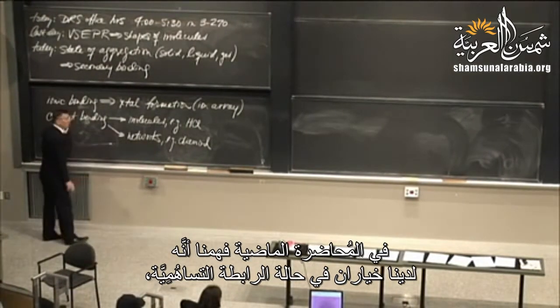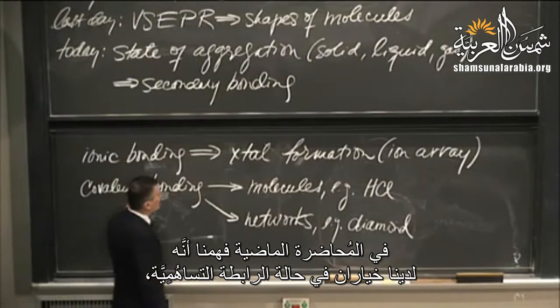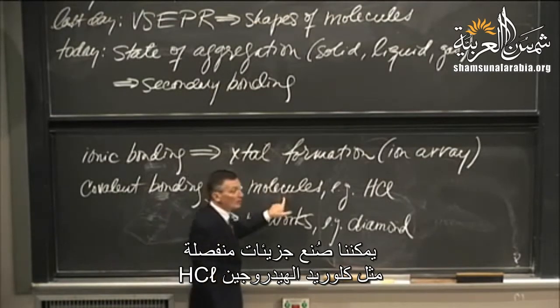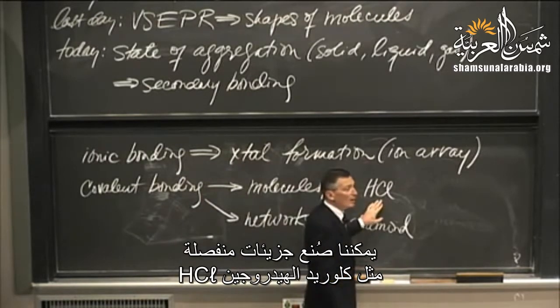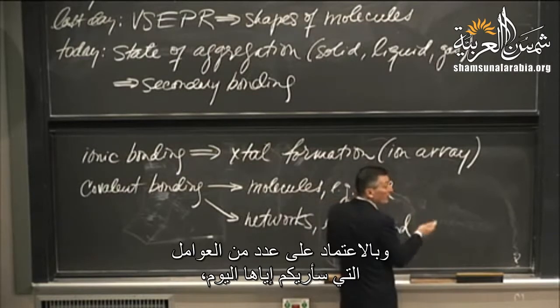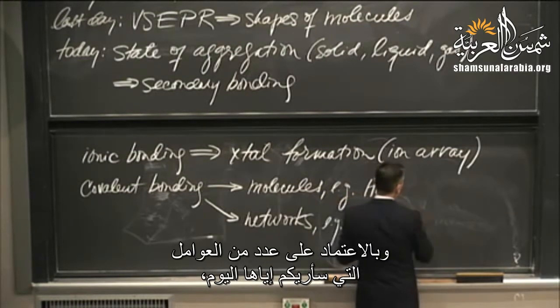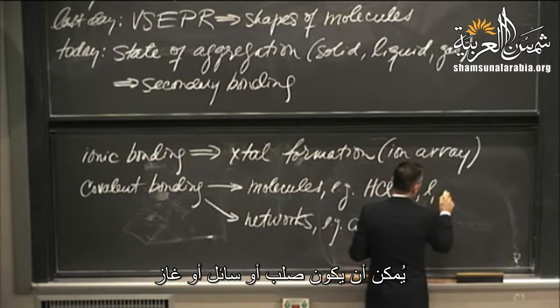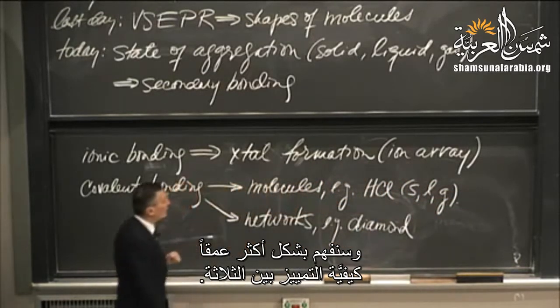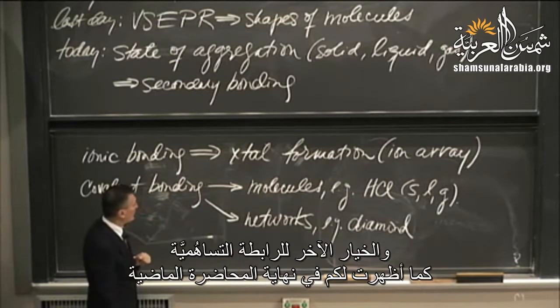Last day, we appreciated that with covalent bonding, we have two options. We can either make discrete molecules, such as HCl, and HCl, as a discrete molecule, depending on a number of factors that I'm going to show you today, could be a solid, liquid, or gas. And we're going to understand more deeply how to sort out between the three of them.